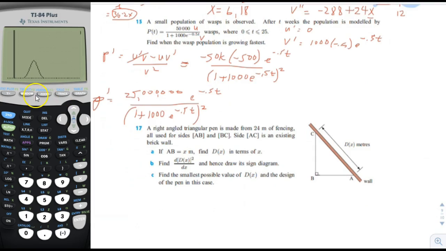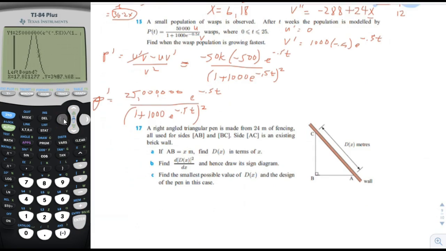Ooh, weird. Let's do zoom fit. Okay, and so we want to know when this function is maximum. It's maximum right there. How do we find it? With second calc maximum.